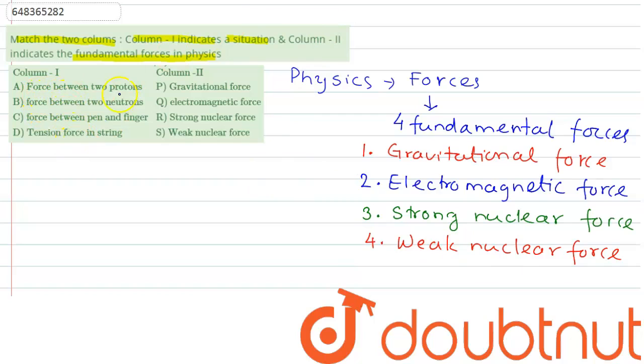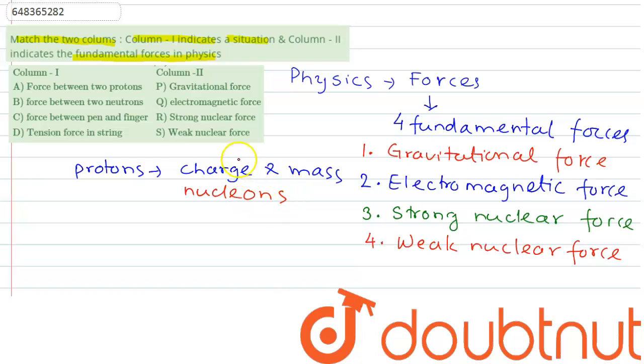First we have force between protons. If we consider protons, they have charge and mass, and they are also nucleons. Protons are present in the nucleus, so we call them nucleons.